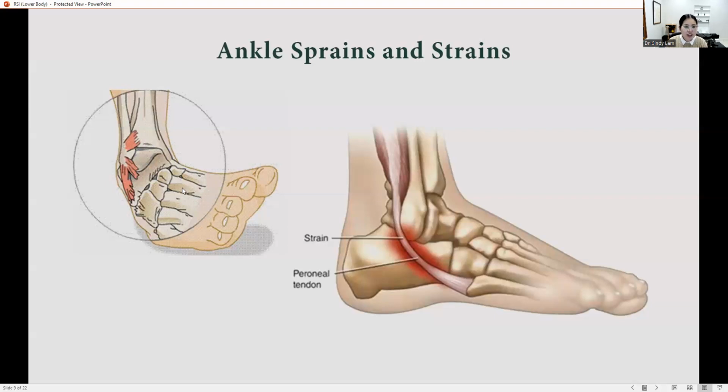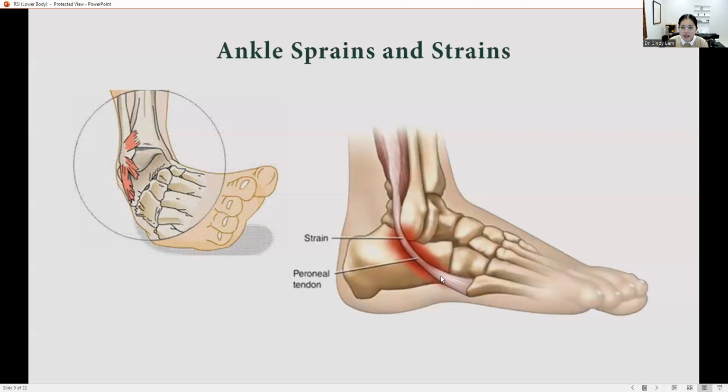What we often find though is once someone sprains their ankle just once, their ankle will often be unstable, and because they haven't done the right rehab to regain the strength and proper mobility, they'll then have a chronic strain in their ankle, particularly of the peroneal tendon.